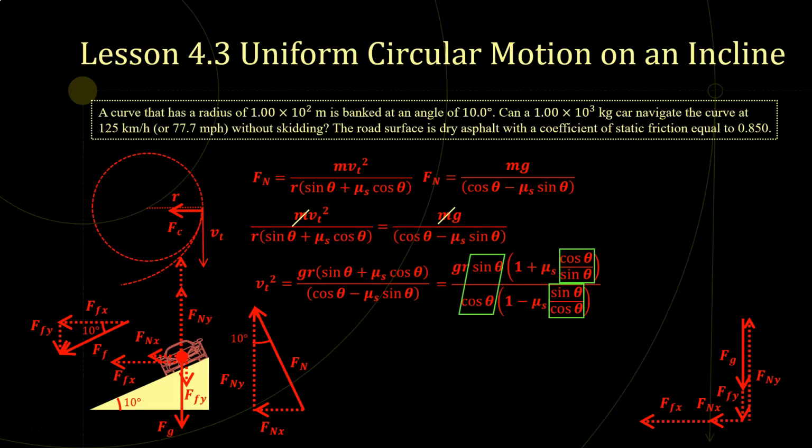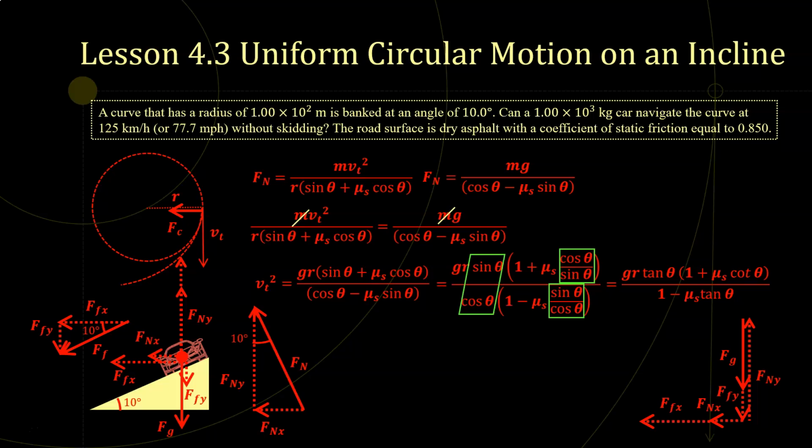Okay, so let's go ahead and replace those things in those green boxes with their correct expressions. So I'm going to replace the sine divided by the cosine with tan theta, and cosine divided by sine with the cotangent of theta.